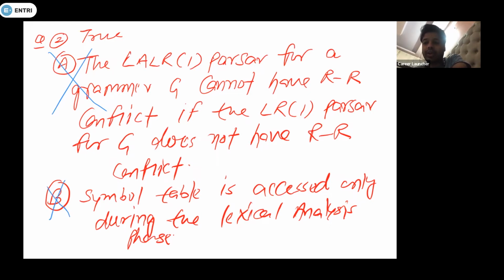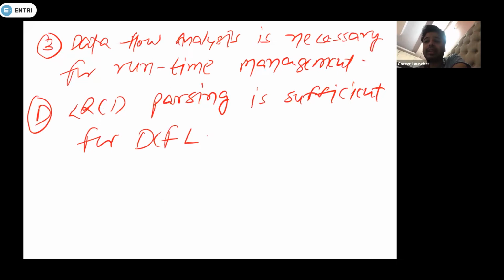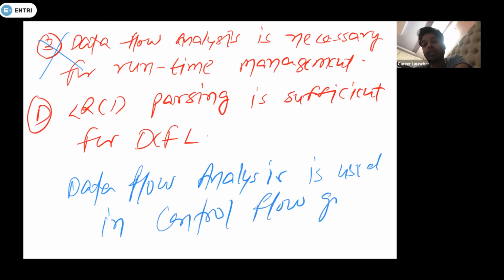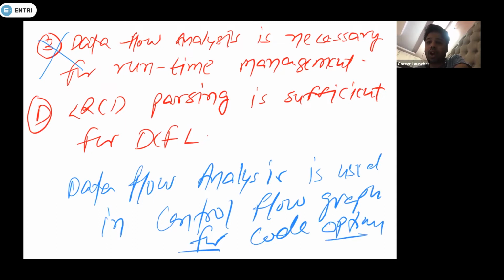The third one, that data flow analysis is necessary for runtime management, is also false, because data flow analysis is used in the control flow graph for code optimization, not runtime.